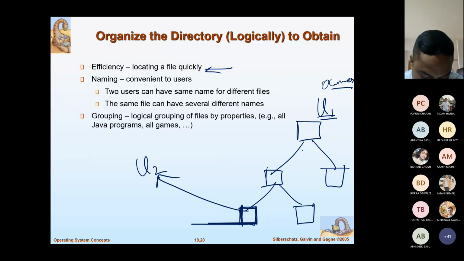U1 wants U2 to be able to access this directory, so whatever files you have will be accessible by U2. How quickly this can be done is also a functionality of the directory, and that is again managed by the operating system.